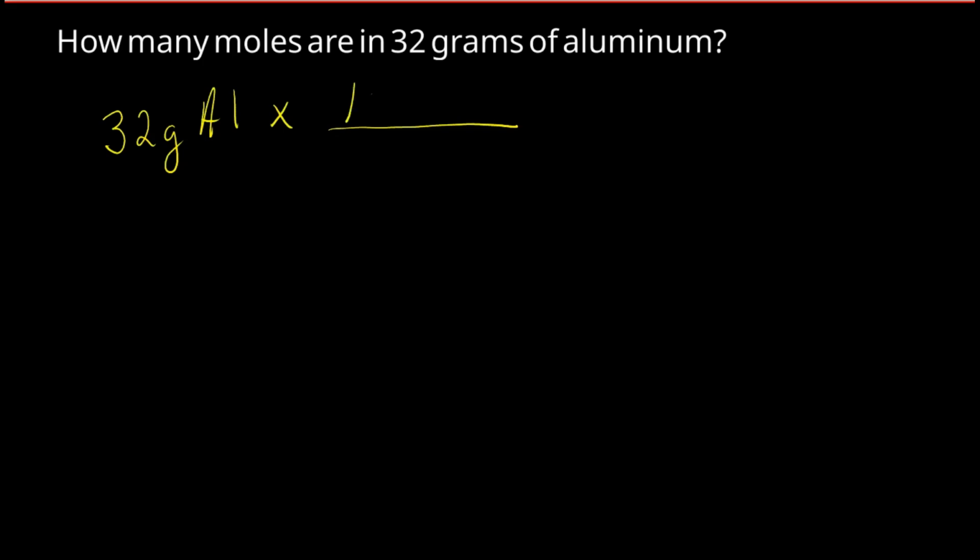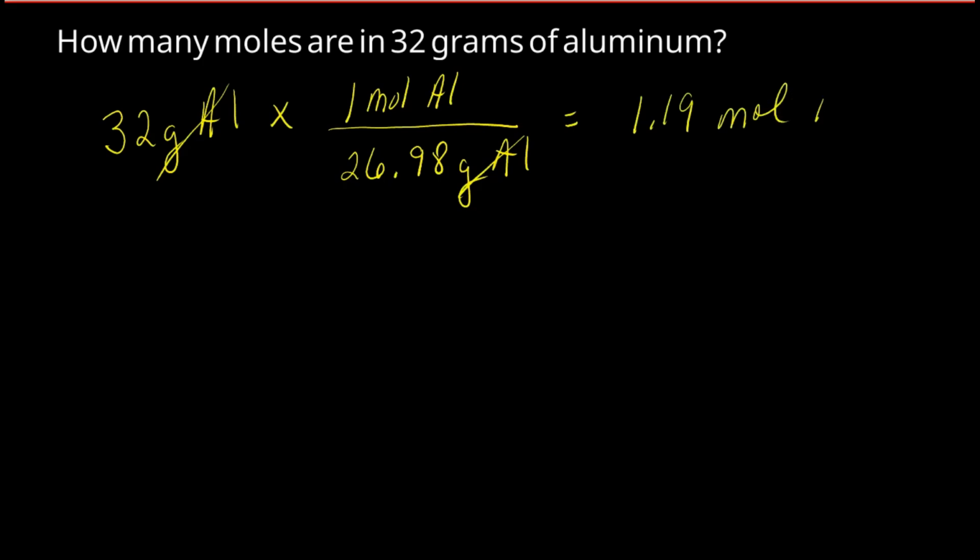So I'll put 1 mole on top. 1 mole of aluminum is 26.98 grams. Okay, aluminum. So grams of aluminum cancels. So it'll give 1.19 moles of aluminum.